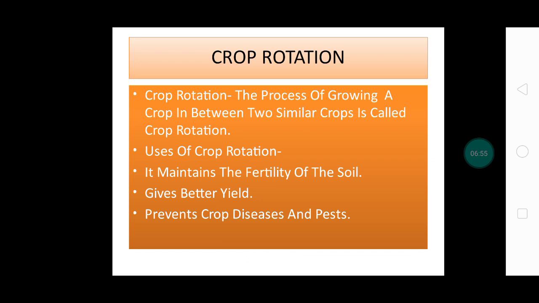Now we'll move towards the next thing, that is crop rotation. What does it mean? Crop rotation is a process of growing a crop between two similar crops. For example, a farmer is encouraged to grow one pulse crop in between two cereal crops.